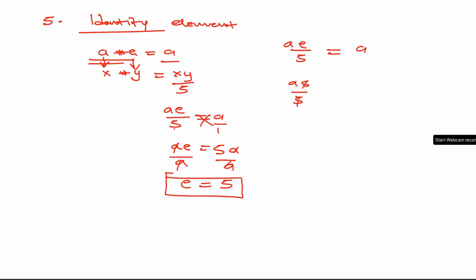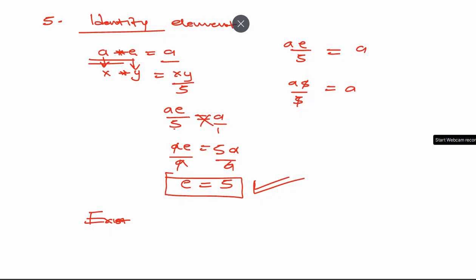So this and this are going to cancel, and it's going to remain with a. That means this is not going to have an impact on this operation. That's why the identity element becomes 5. So this is how you test for the identity element. And in this case, the identity element exists.